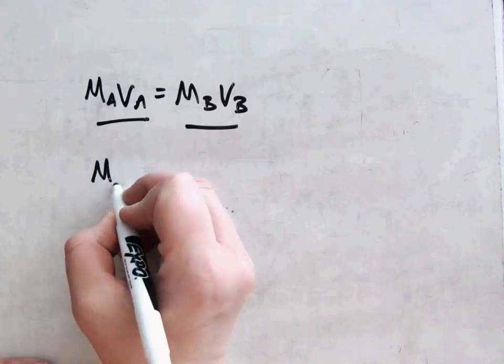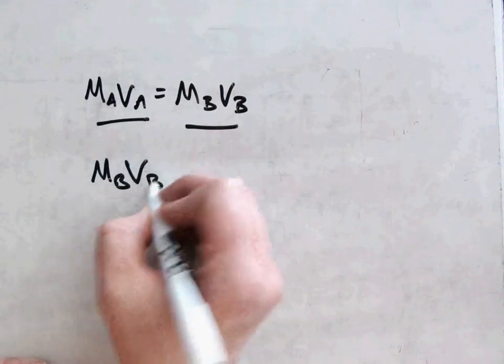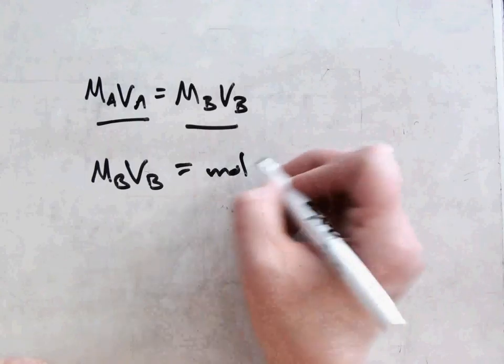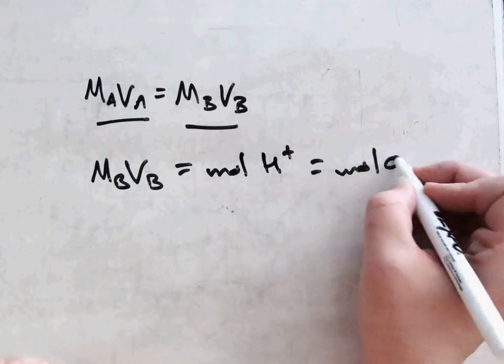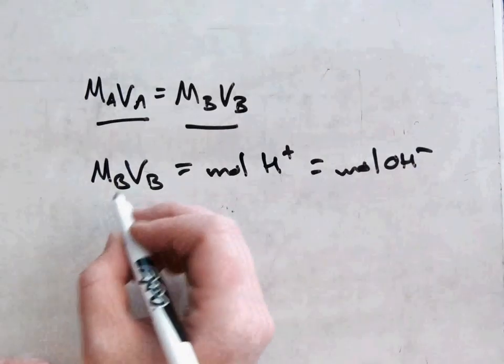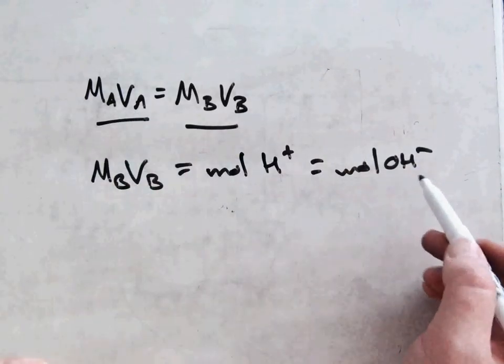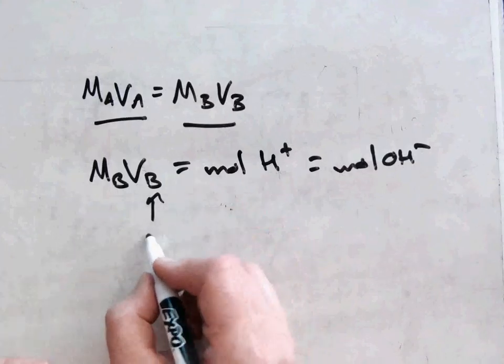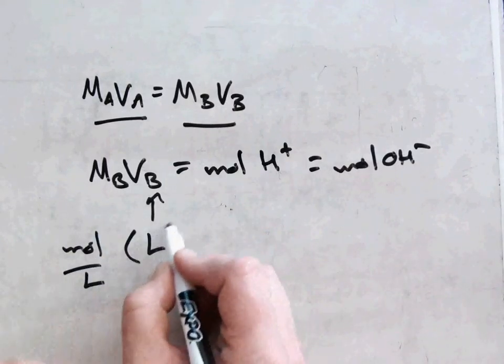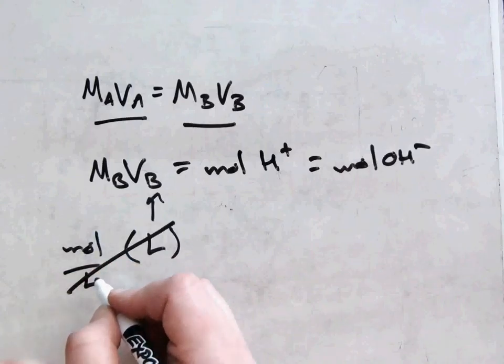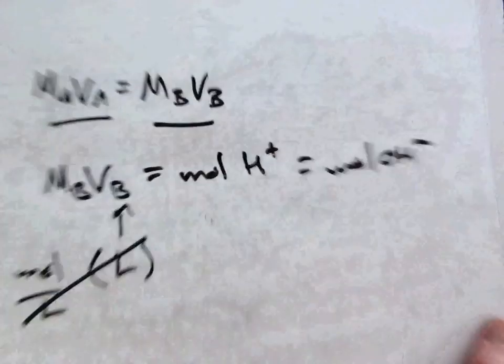So it could be MbVb equals moles of H plus or moles of OH minus. It could be MaVa equals either of those. When you do this, your volume needs to be in liters so that it will cancel out with the liters in molarity.